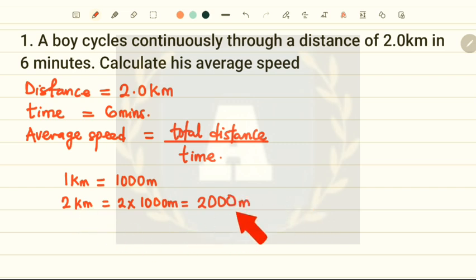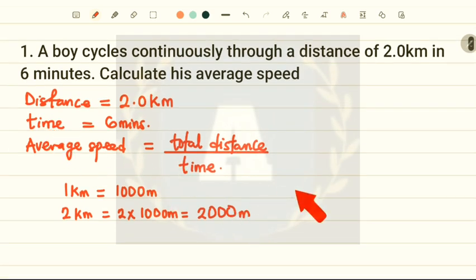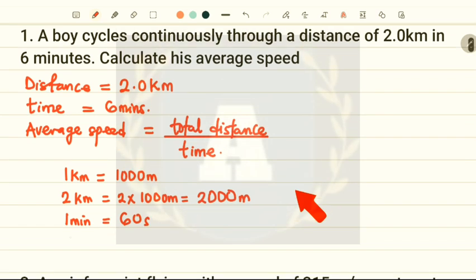Also the time, which has been given to be 6 minutes, and we know that 1 minute is equal to 60 seconds. So 6 minutes will be equal to 6 multiplied by 60, and that is 360 seconds.